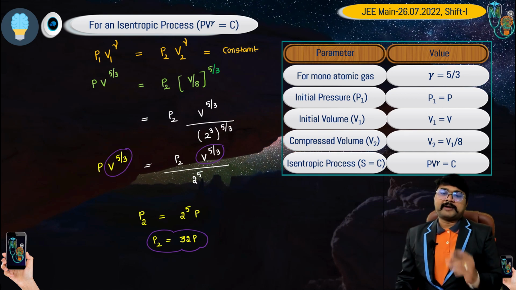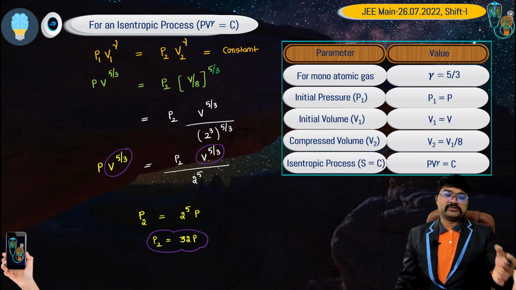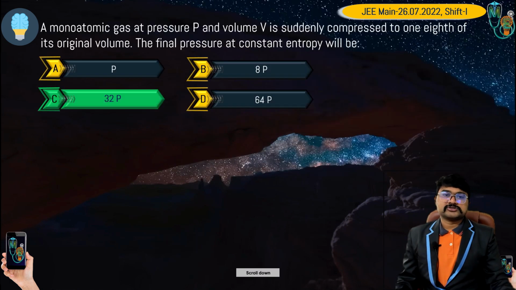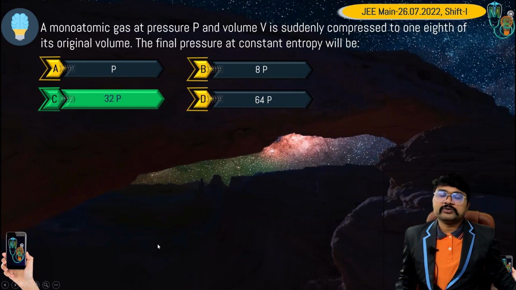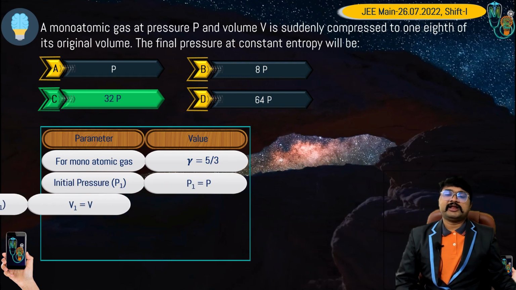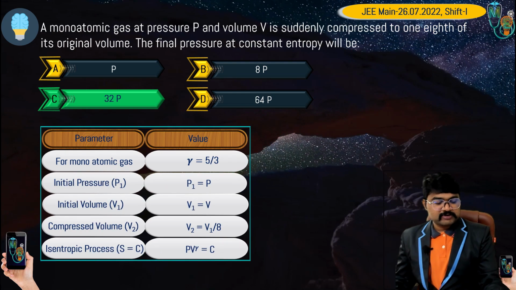Understood? So we applied PV power gamma equal to constant for the isentropic process, and wrote down the given data. Very simple to solve the problem. Okay, 32P. So this is the given data for this, and we applied P1.